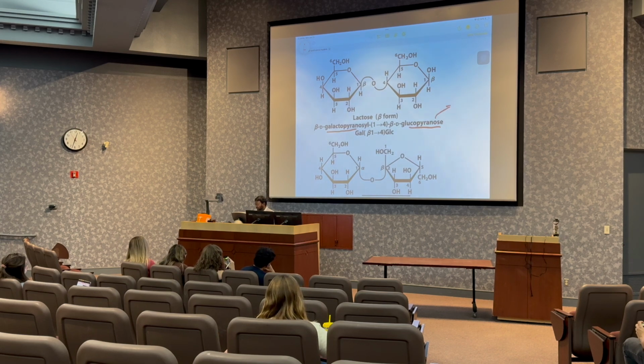Do you remember glucopyranose? It is made up of glucose, and this galactopyranose is made up of galactose. I'll check your memory of what you have learned before the break. Do you remember this galactose? This galactose is an epimer of glucose, but at what carbon?